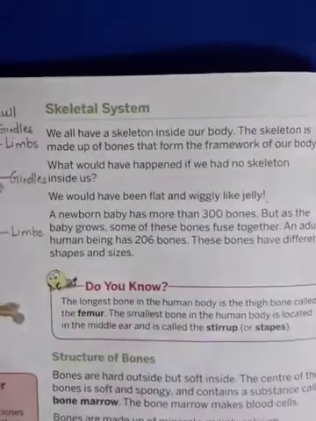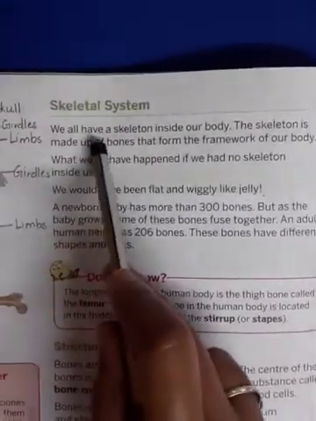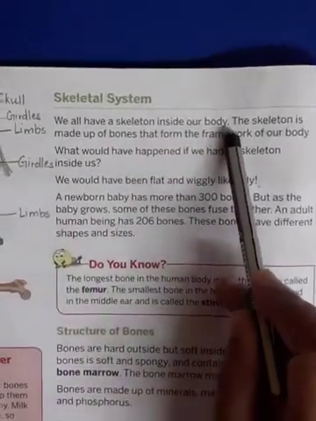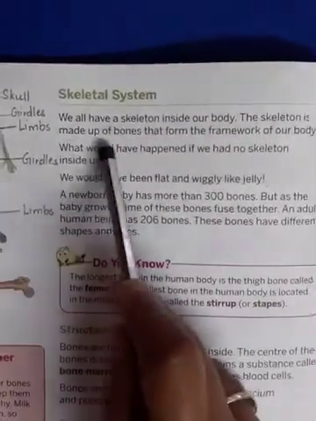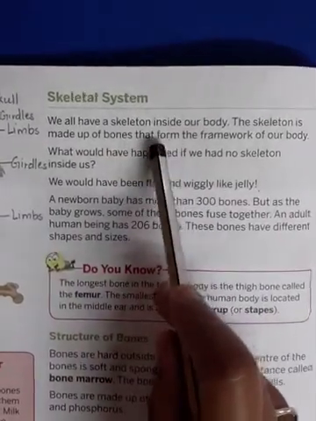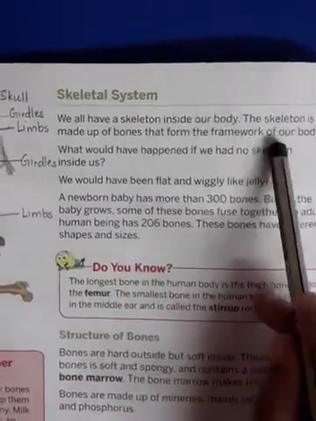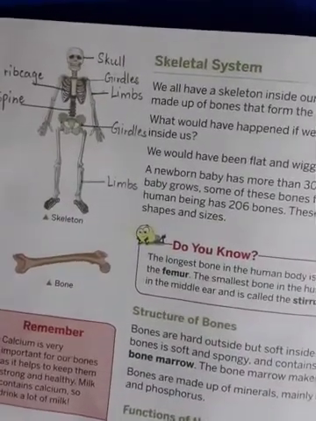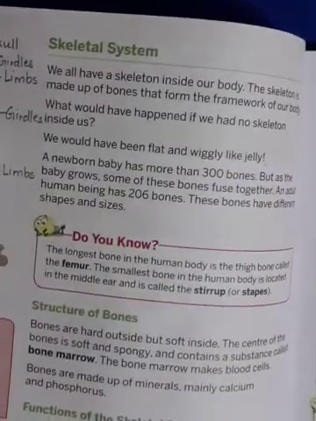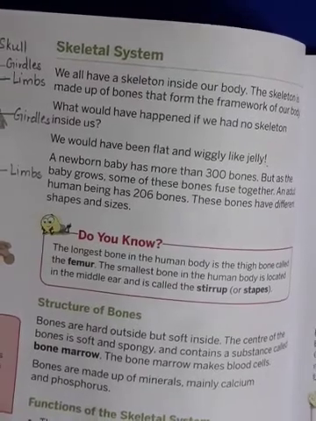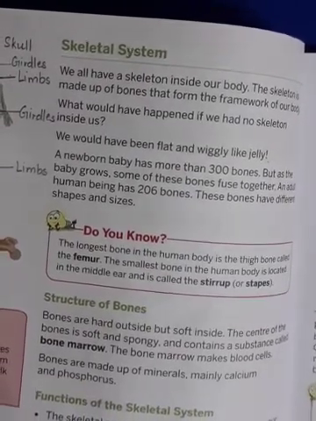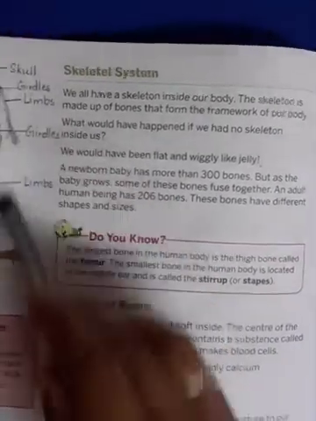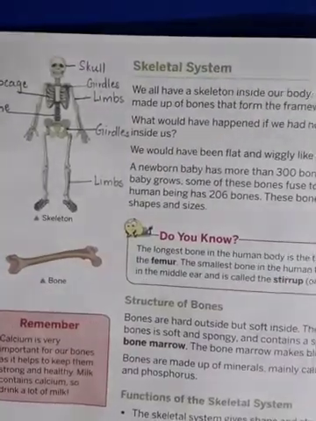Skeleton system. We all have a skeleton inside our body. The skeleton is made up of bones that form the framework of our body. Children, the skeletal system forms the basic framework of our body and is made up of bones, as you can see here.